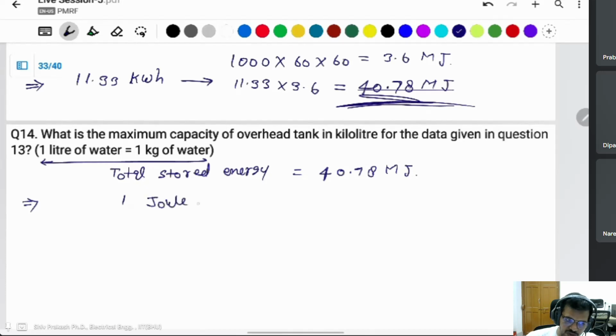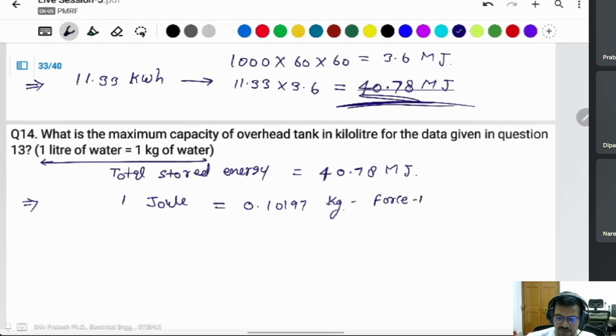actually 1 joule is equal to 0.10197 kg meter in terms of force.